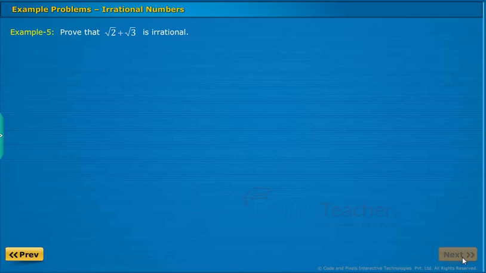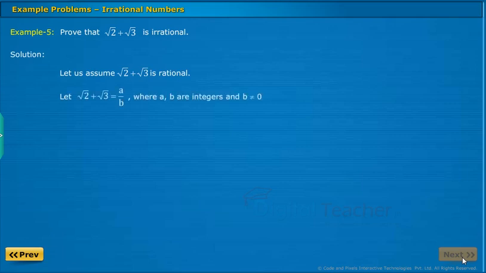Prove that root 2 plus root 3 is irrational. Solution. Assume the given one is rational. Let root 2 plus root 3 is rational and equal to a by b, b not equal to 0. Hence, root 2 is equal to a by b minus root 3.